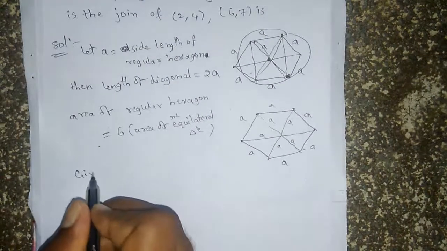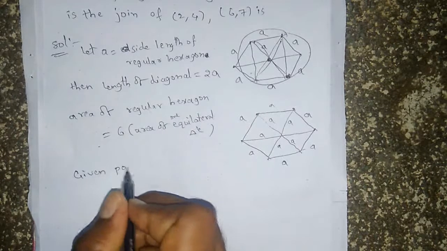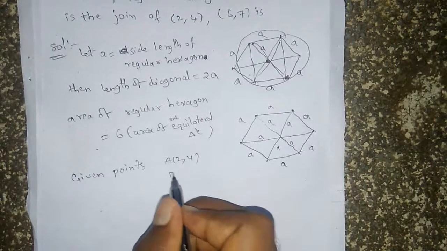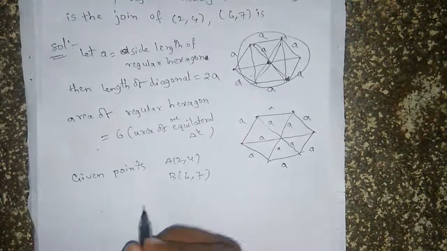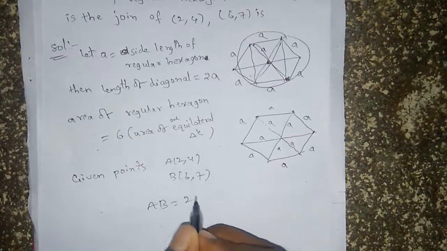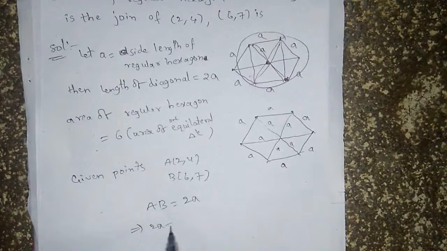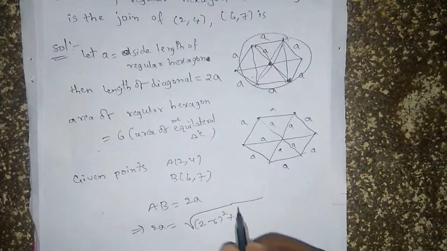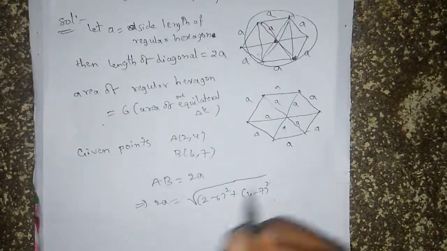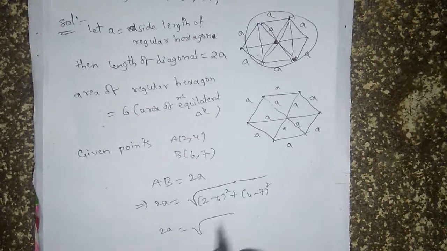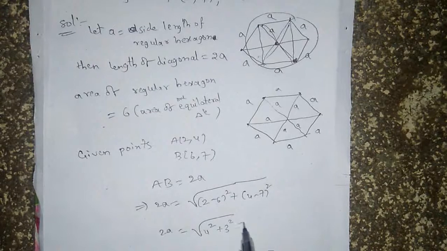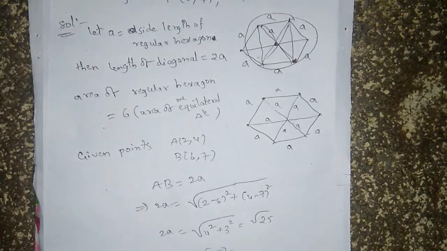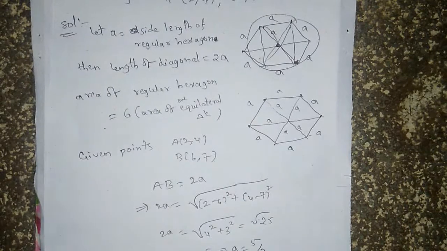Here given points A 2 comma 4, B 6 comma 7, AB is equal to 2a, implies 2a is equal to, find the distance: 2 minus 6 whole square plus 4 minus 7 whole square. 2a is equal to 4 square plus 3 square, that is root 25. 2a is equal to 5, implies a is equal to 5 by 2.